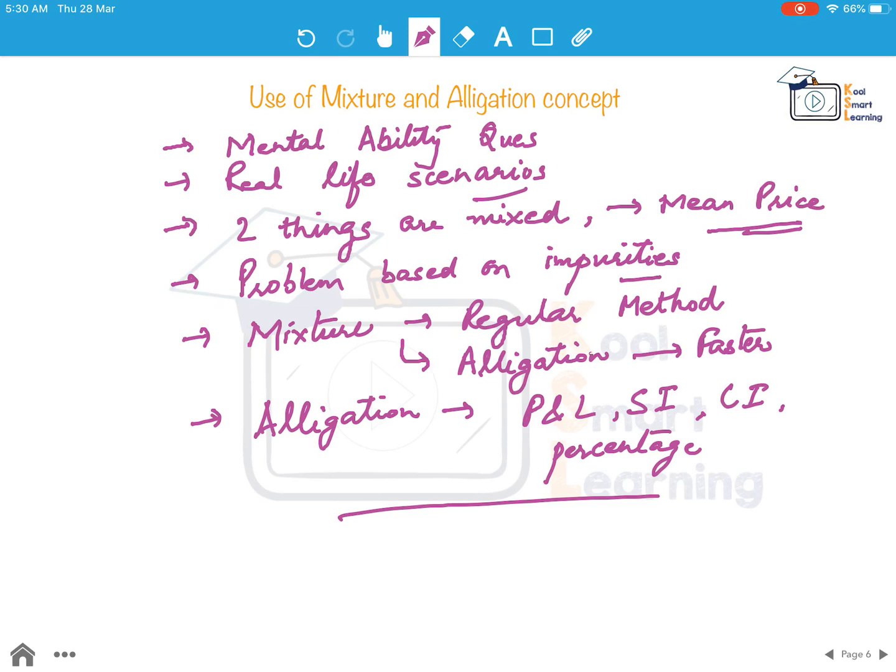So the most important thing here is that this concept is a faster concept of solving these problems. These problems can definitely be solved in a regular method, the way we solve different profit and loss and simple interest problems and other problems. We can solve them here using alligation method in a faster way.